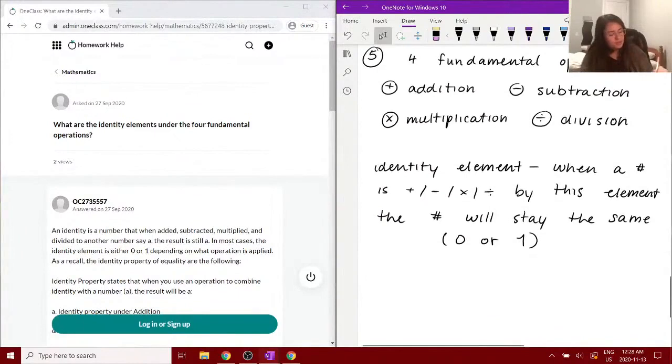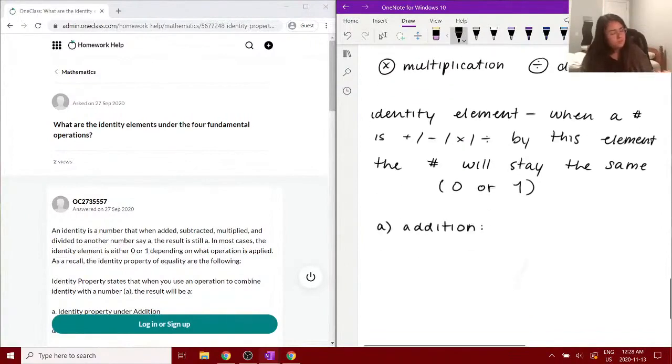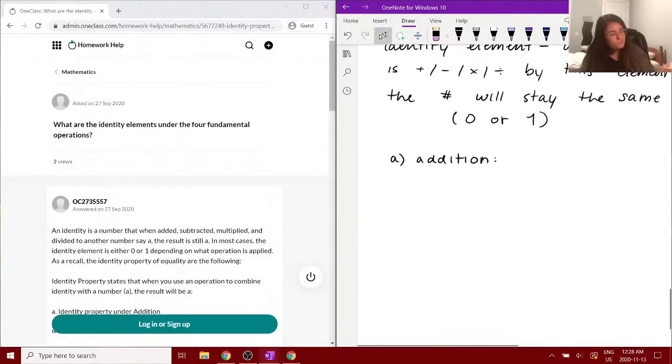Okay, so let's start with addition. So under addition, if we have a number or a value a and we add 0, then we get a back, right?